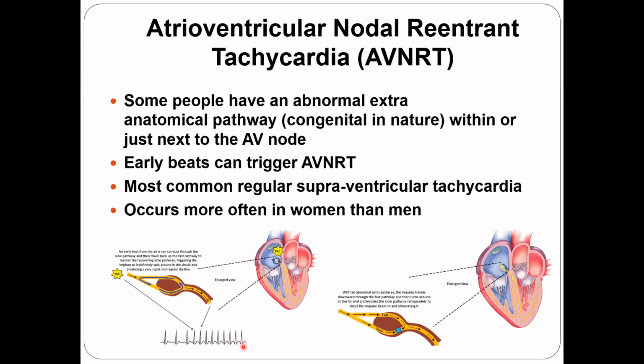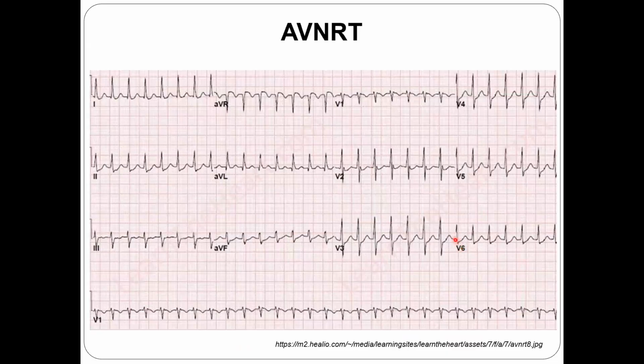And of course, this is paroxysmal, involving only the AV nodal one, and it can occur very frequently, and this is the most common cause of regular supraventricular tachycardias. This is the AVNRT tachycardia.